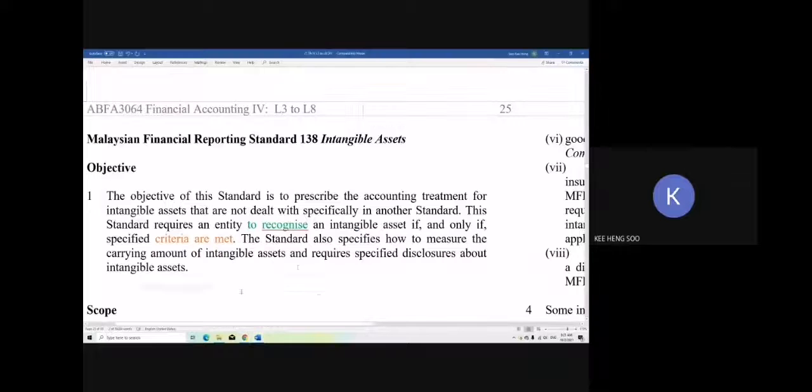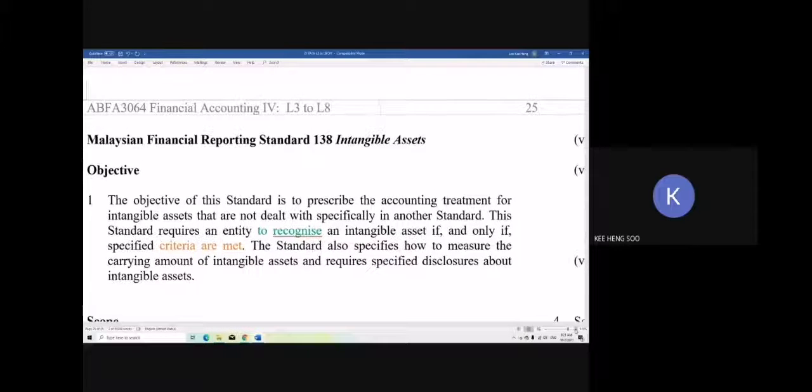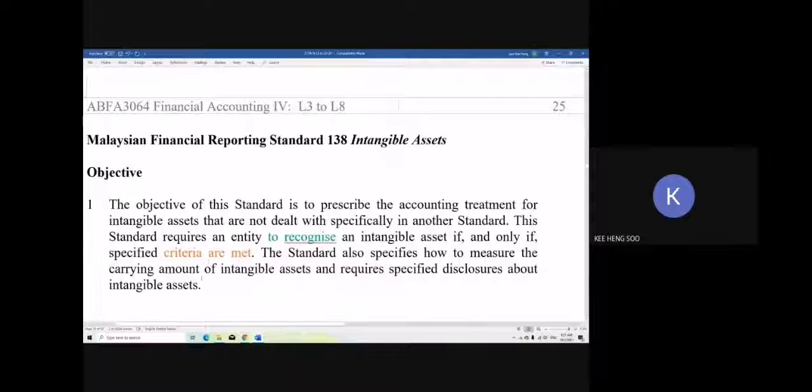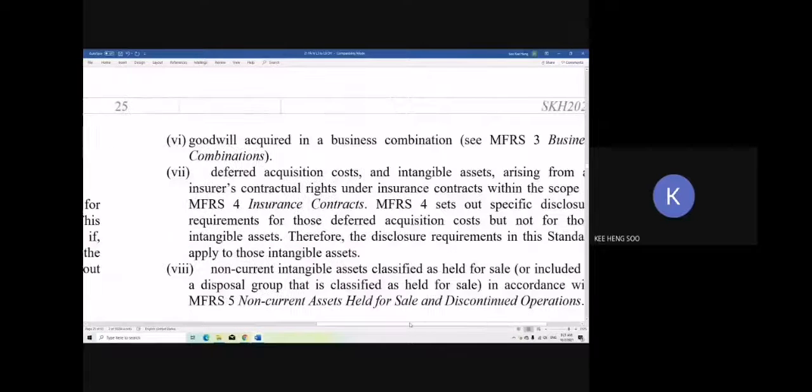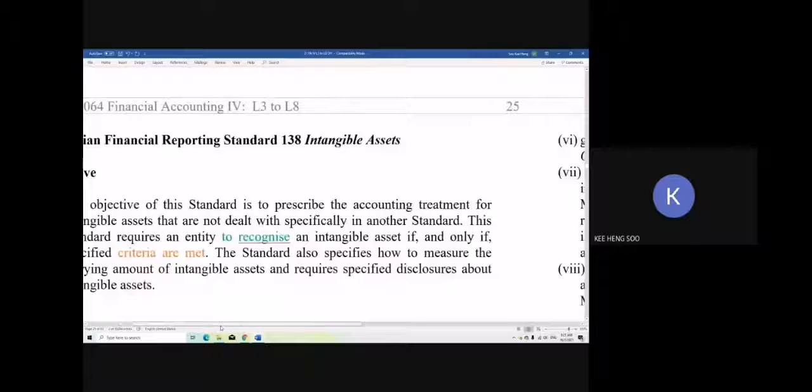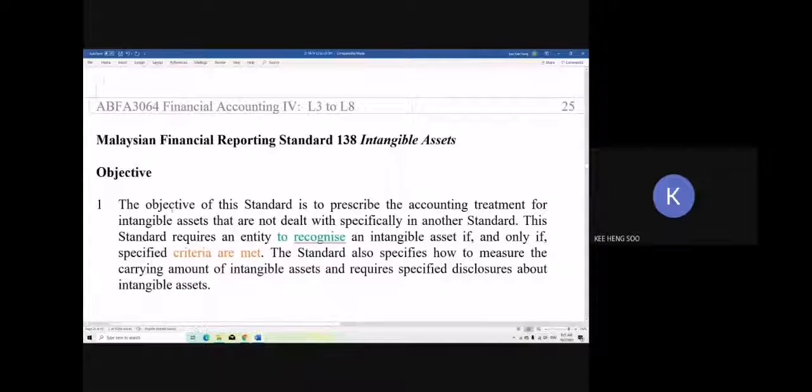Now, today we are going to see intangible assets. An intangible asset is also an asset, but the most important thing, as I said, is the criteria.